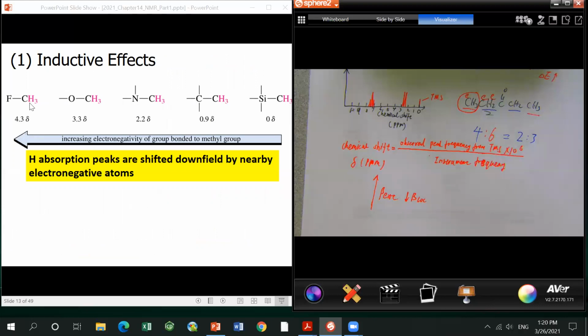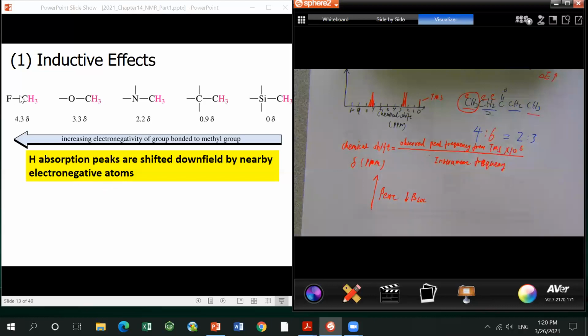With a stronger electronegative atom, the electrons are pulled away, so you have a smaller local magnetic field, and then you have the deshielding effect, and then a higher chemical shift. This follows the same trend as the electronegativity of the atom.